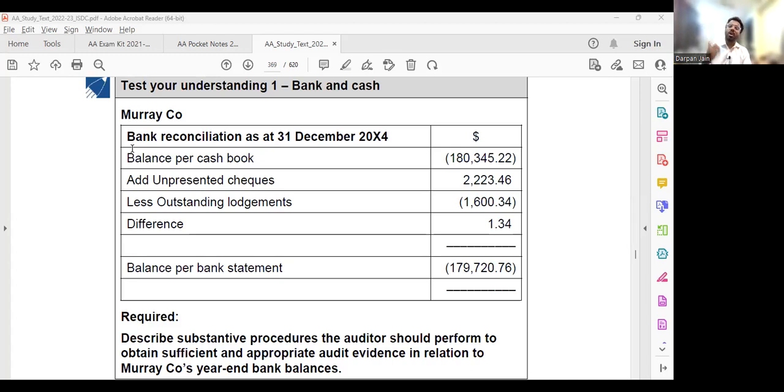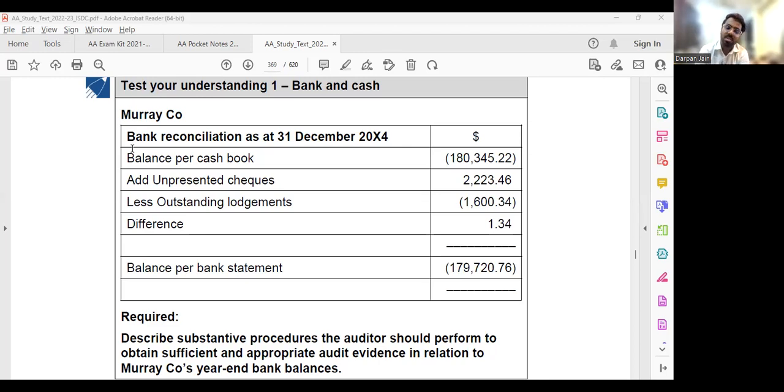But that check has not been presented for payment. That means in the bank, the amount has not been reduced yet. So you add that to the balance as per cash book in order to arrive at the bank statement balance.